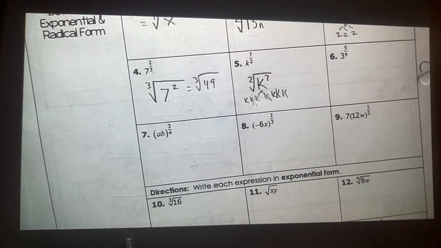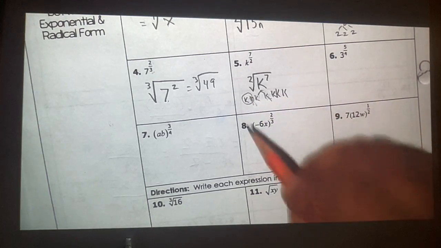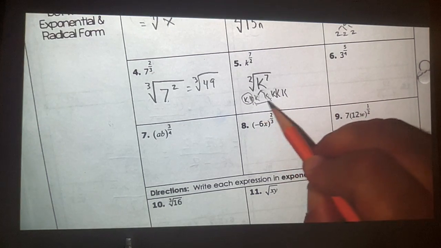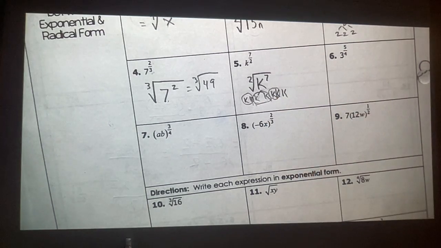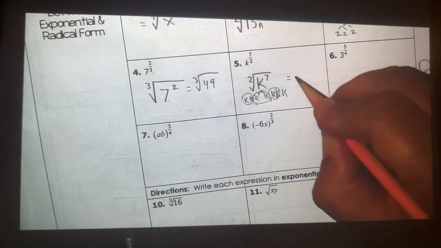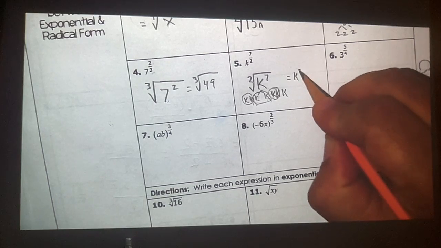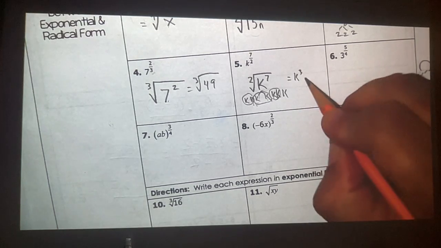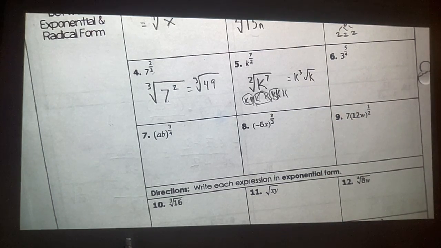So I have 7 k's. I'm looking for the square root, so every pair can come out. So that pair of k's can come out, that pair of k's can come out, and this pair of k's can come out. So I have 3 k's that can come out. That's k to the third. And I have 1 k that must stay under.